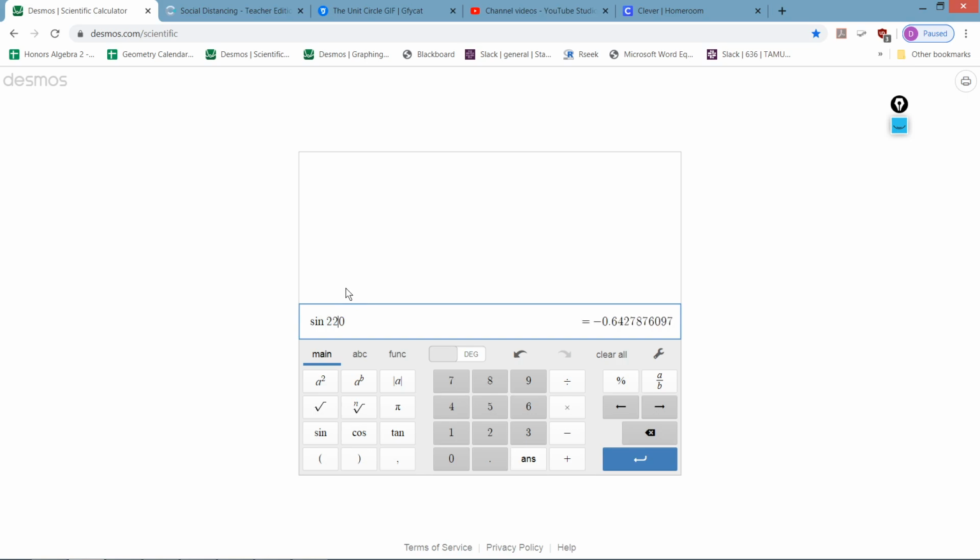And sine of 20 is 0.34, 30, 0.5, 40, 0.64, 50, 0.76, 60, 0.86, 70, 0.93, 80, 0.98, 90, 1.